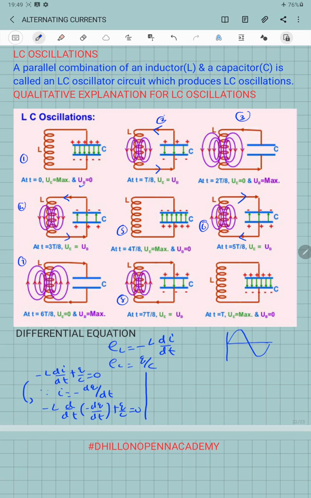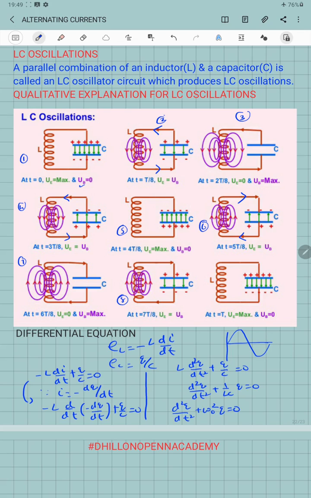The negative sign cancels. We can write this as L into d square q over dt square plus q by C equal to 0, or d square q over dt square plus 1 by LC into q equal to 0, or d square q over dt square plus omega naught square q is equal to 0.